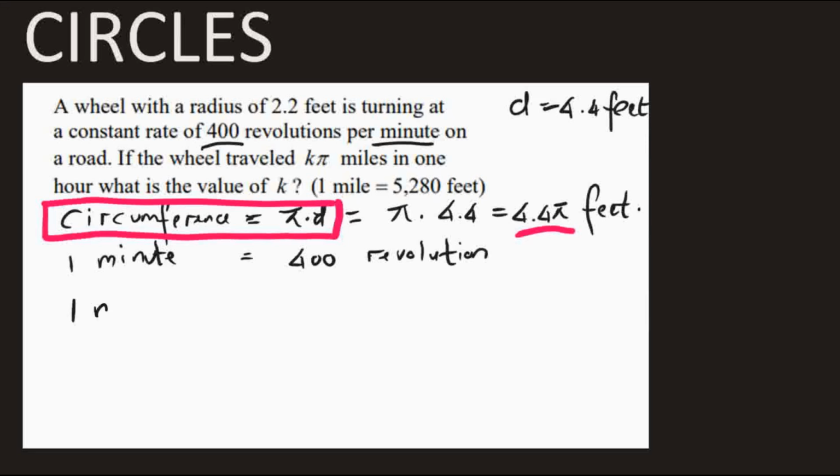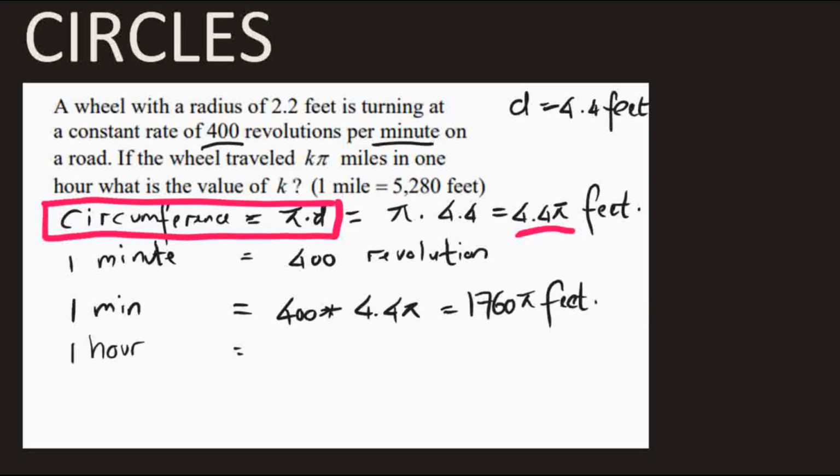So now we count 1 minute, which is equal to 400 times 1 revolution, which is 4.4 pi. So 1 minute is 400 revolutions times 4.4 pi, which equals 1760 pi feet.